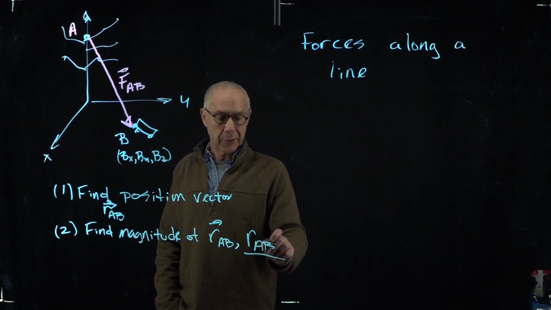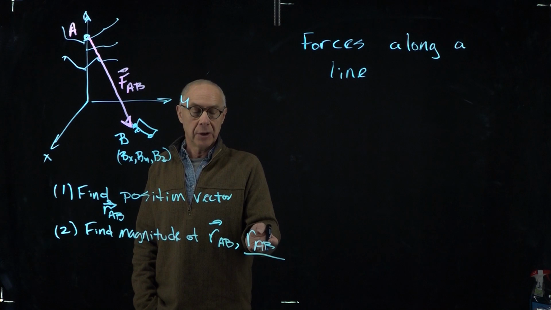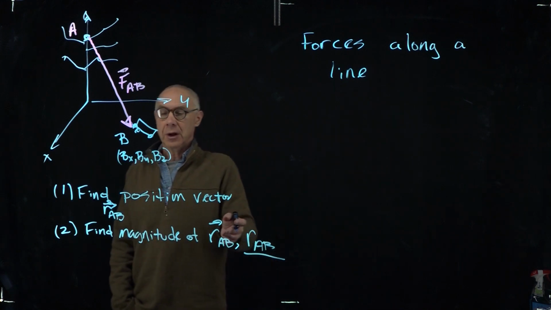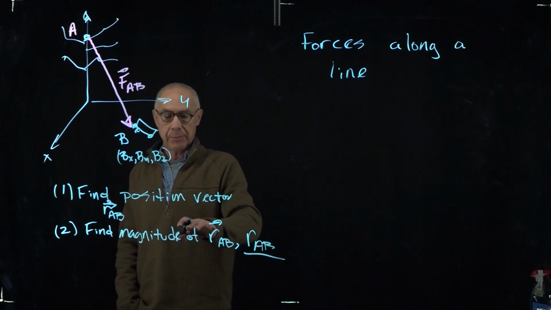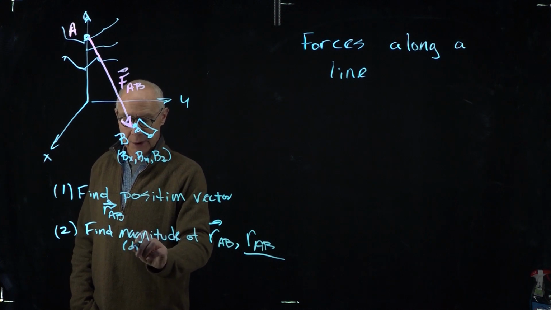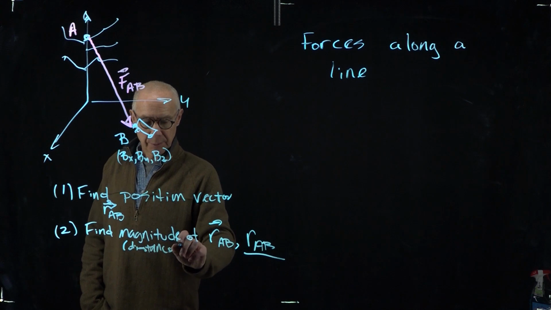So here's what we're looking for. We're going to find that using the Pythagorean theorem, so I'm not even going to write that down. We know that's the square root of the sum of the squares of the distances. And so the magnitude of RAB is simply the distance between A and B.